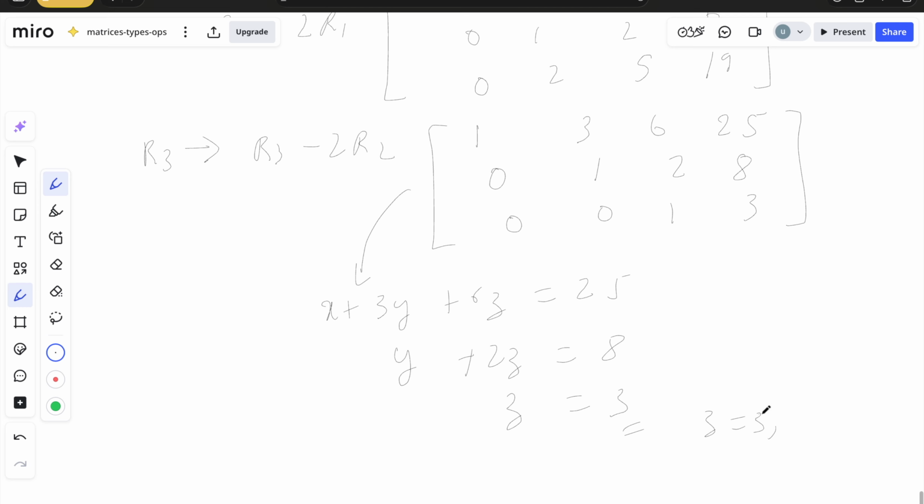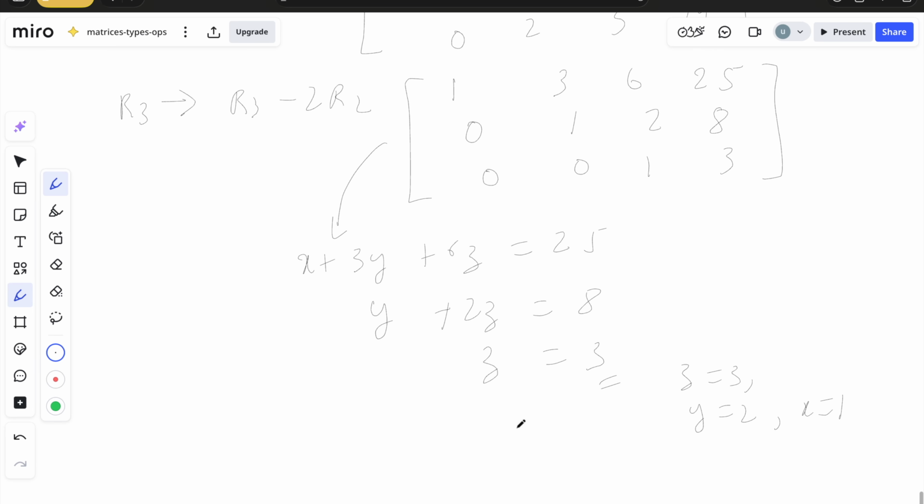If you solve it, it will give you y is equal to 2: if you substitute here, 2 into 3 is 6, 8 minus 6 is 2. Then if you substitute the values of y and z, you will get x is equal to 1.